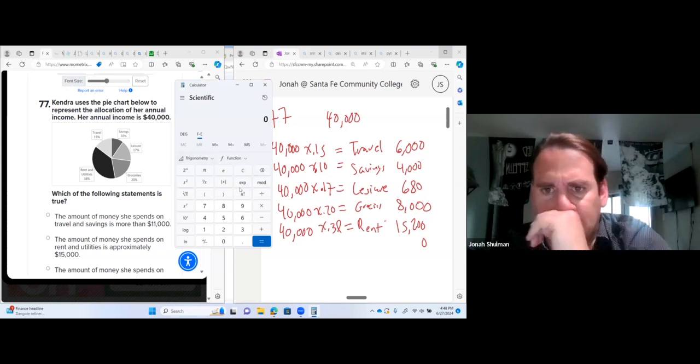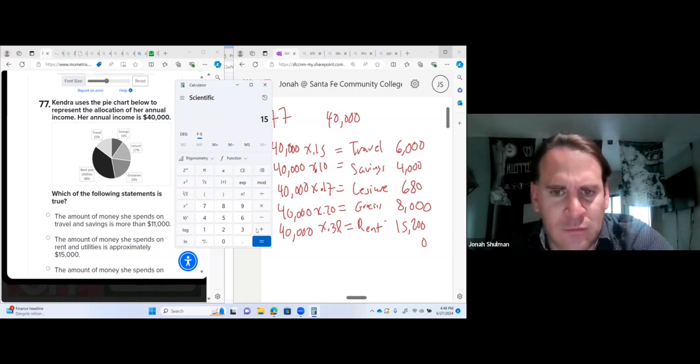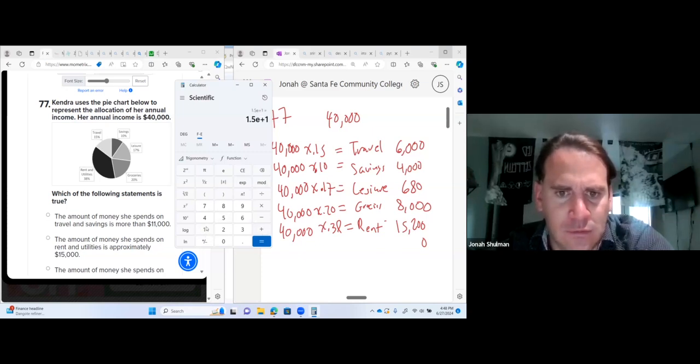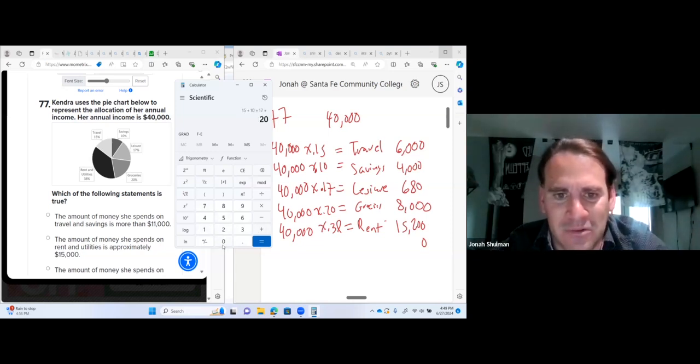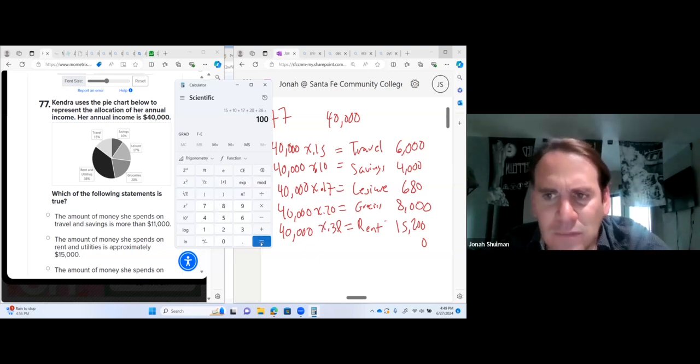All right, well, let's see. 15 plus 10 plus 17 plus 20 plus 38. This is why I like doing everything by hand. I feel like it's not the whole 100%. It is 100. Okay, so let's see where the mistake is.